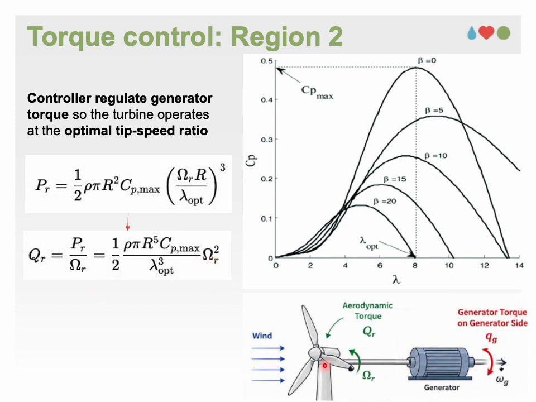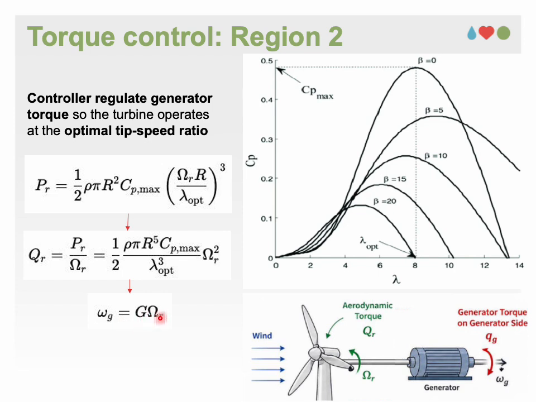As shown in this figure, on the generator side, we have generator torque, Qg, and generator rotational speed, omega g. We define capital G as the ratio between omega g and omega r.